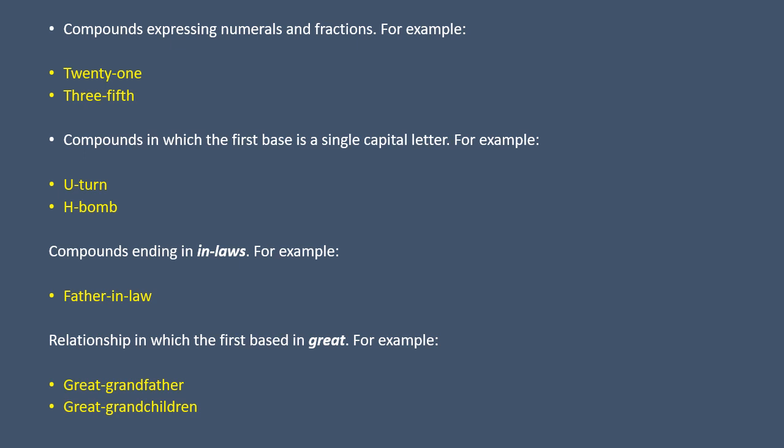The next one is compounds expressing numerals and fractions, which are hyphenated. For example, twenty-one and thirty-fifth. These are just two random examples, but remember one thing: when you start writing numerals in this way, then you have to hyphenate them.